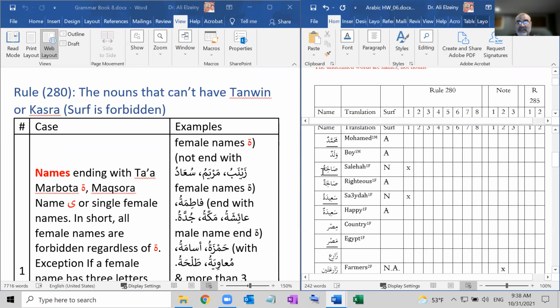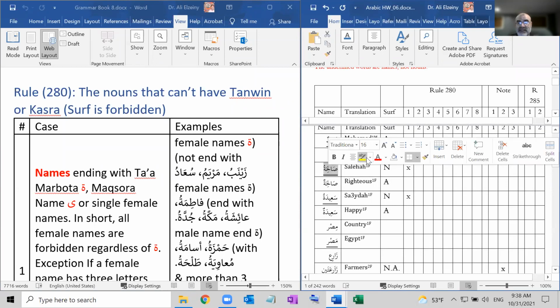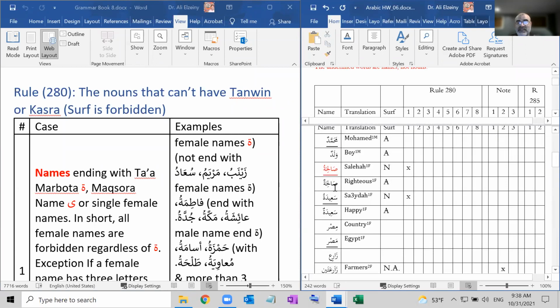That's why it has an underline here. Here it's used as a name, but here it's used as a noun. How do I know that? Because I put an underline on the names used.